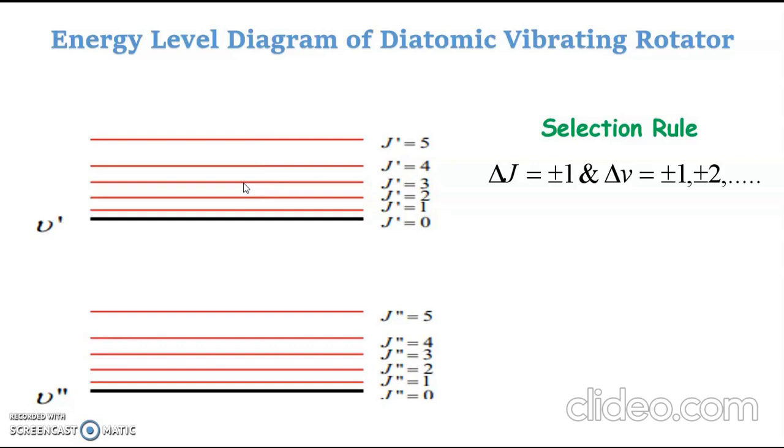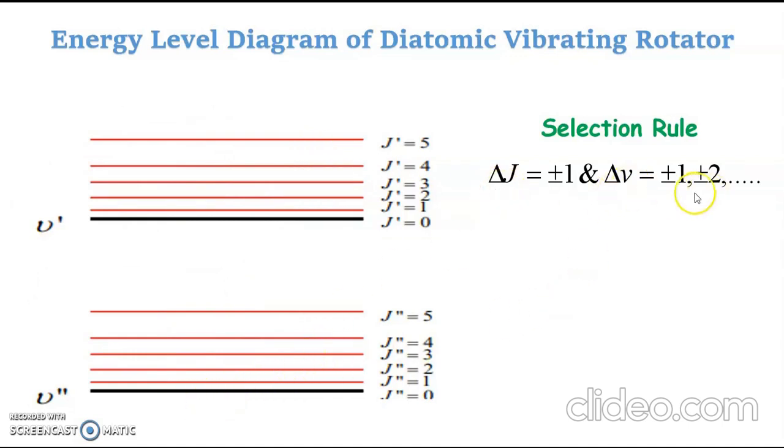So the transitions also will occur with varying intensities. Now let's see the different transitions possible for rotational vibrational levels.